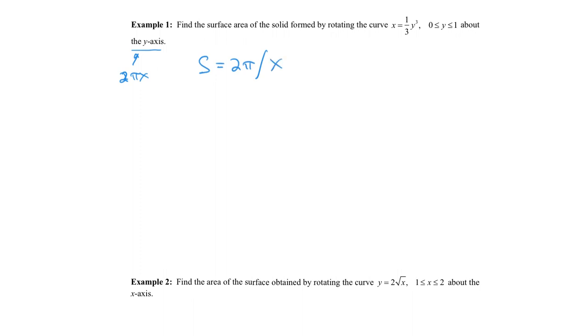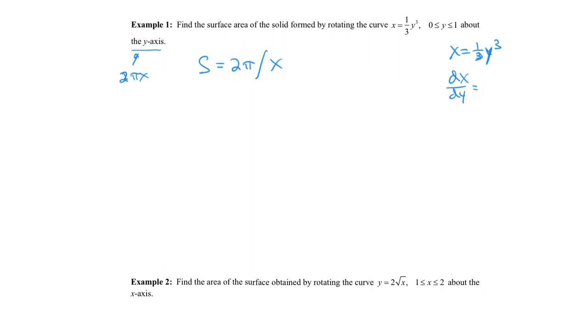And then because this one is x in terms of y, I'm going to use dx dy. So you've got x equal to 1/3 y cubed. We need to find the derivative, dx dy.